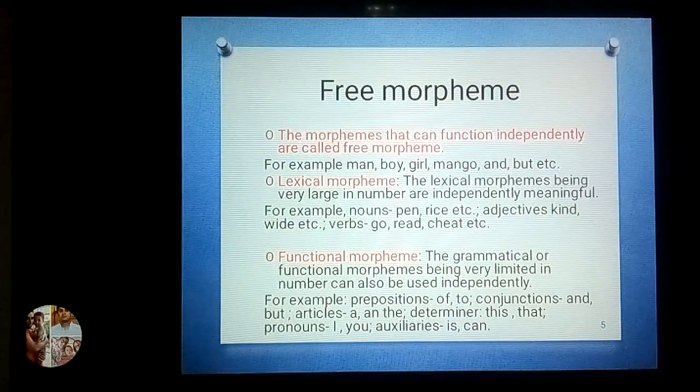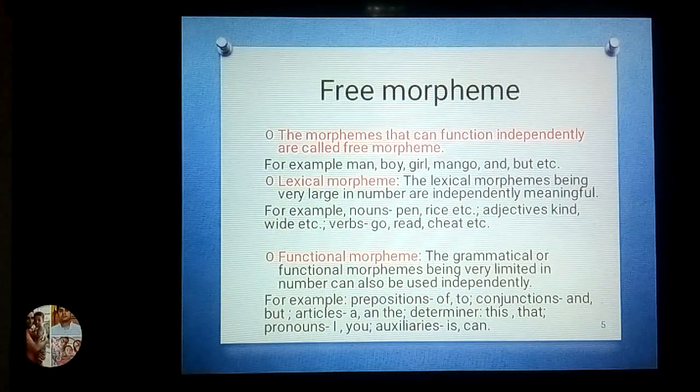Functional morphemes. The grammatical or functional morphemes, being very limited in number, can also be used independently. For example, prepositions, conjunctions, articles, determiners, and auxiliaries are examples of functional morphemes.